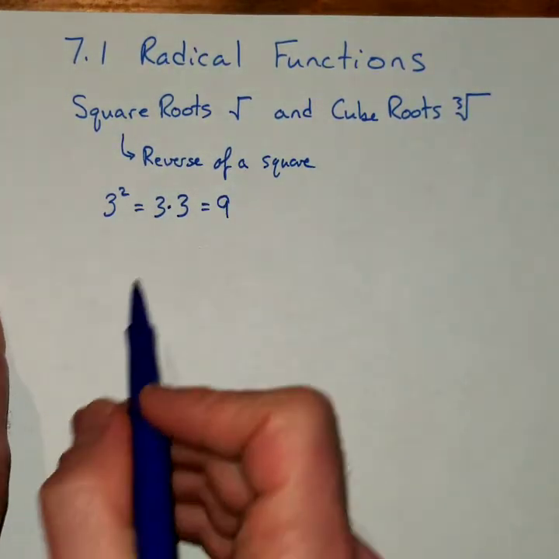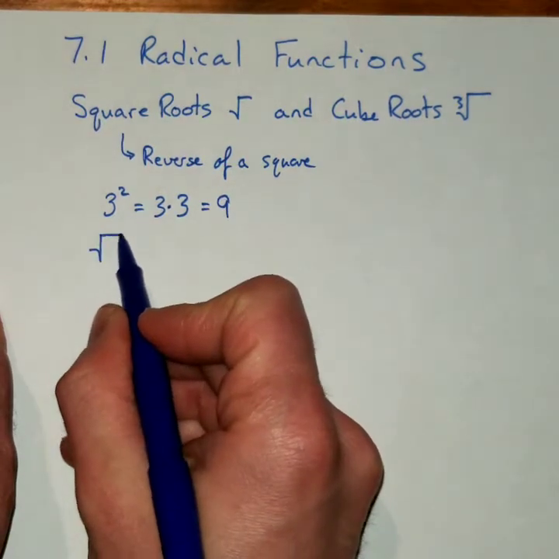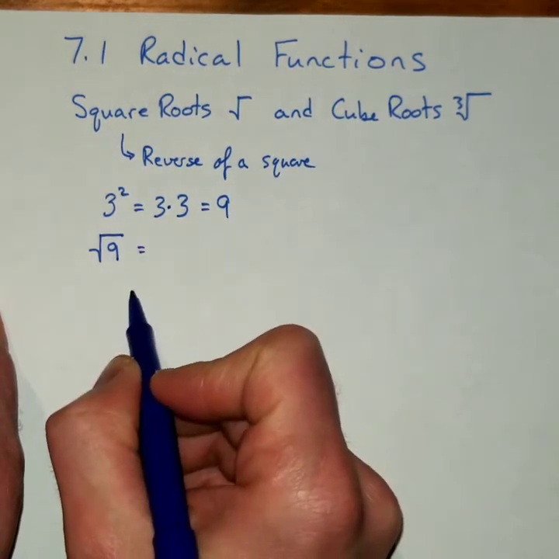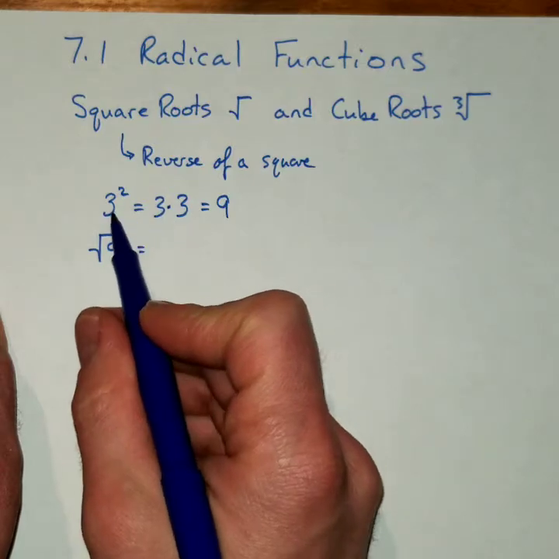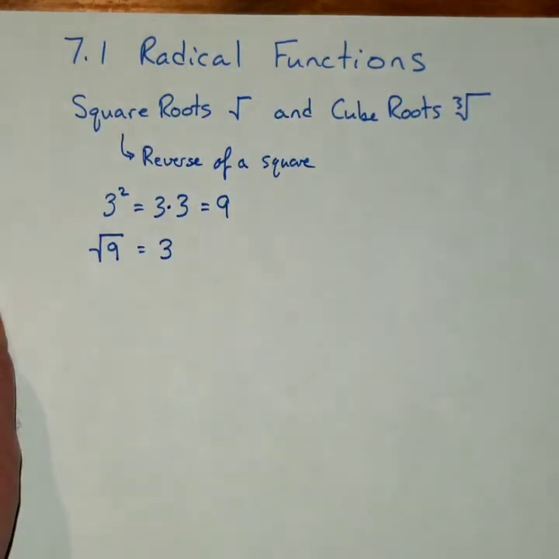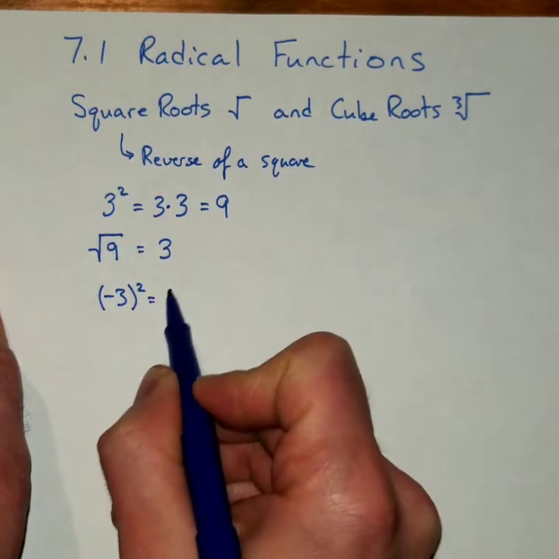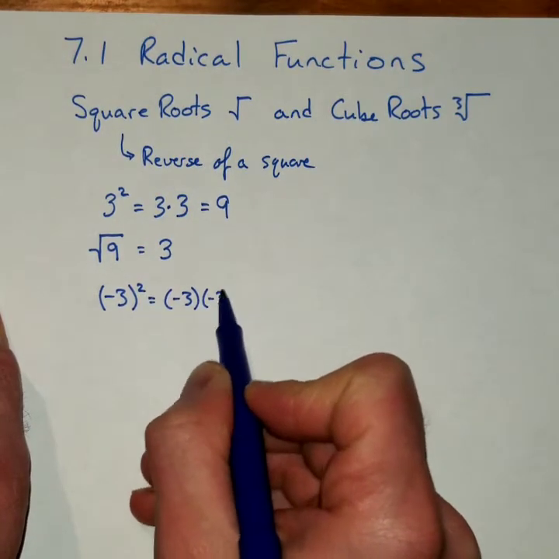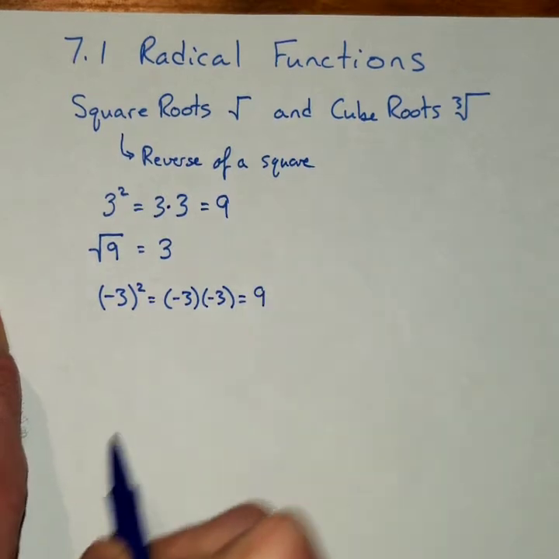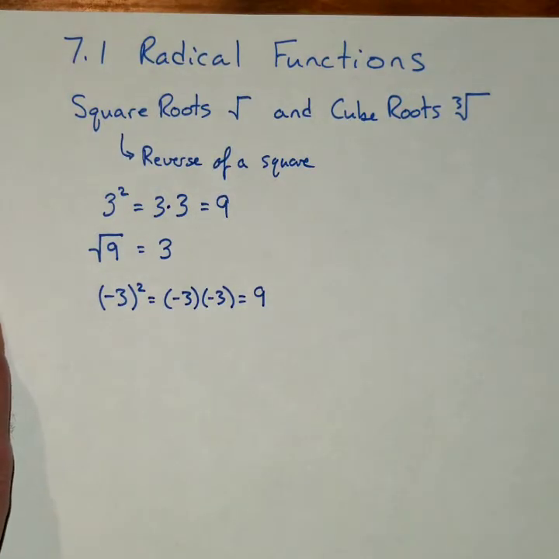And so a square root is going in reverse. You would take the square root of 9, which is equal to the number whose square is 9, in our case 3. Which is good, except that there's sometimes another number. If you consider the fact that negative 3 squared is also 9, because the double negative makes for a positive, then this can make for a bit of confusion.